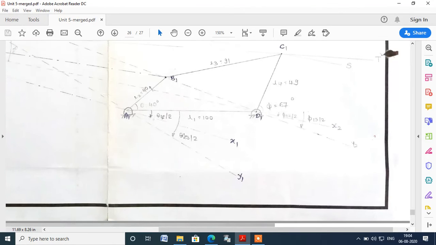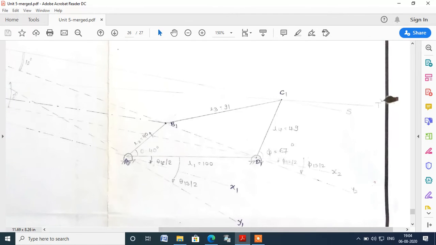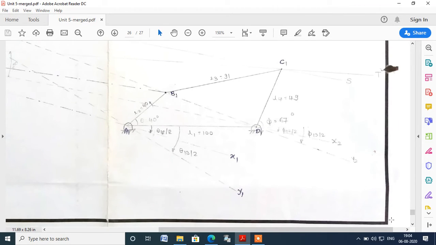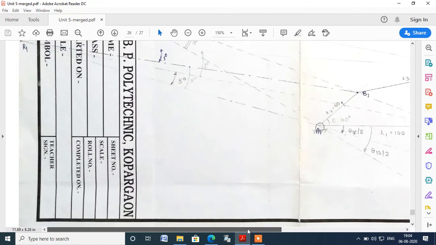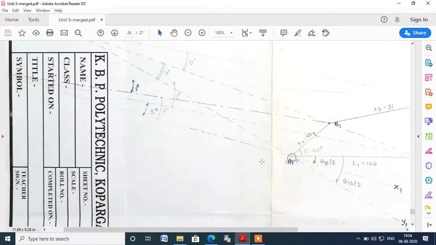Then next, from A1 you have to draw a line.